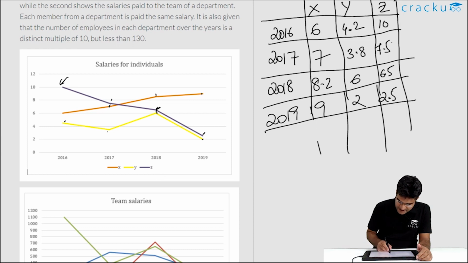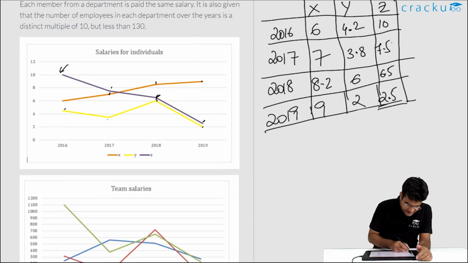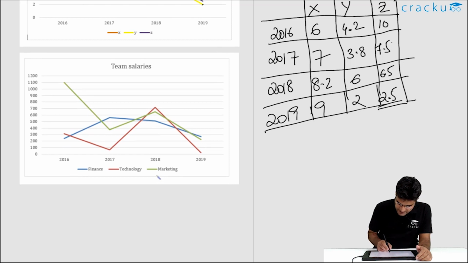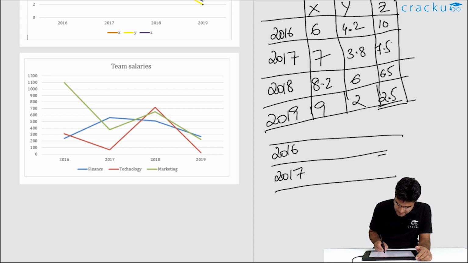Now let us try to draw the second table and then try to identify what is x, what is y, and what is z. If we are looking at the second graph over here, again we will put down all the four: 2016, 2017, 2018 and 2019.